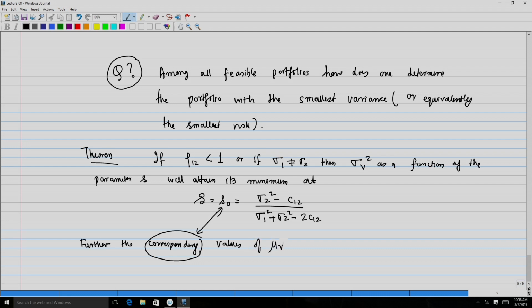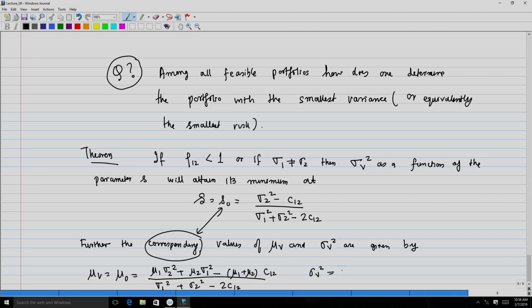So, the corresponding values of mu v and sigma v square are given by mu v, and we could call this particular mu v as mu naught, as mu 1 sigma 2 square plus mu 2 sigma 1 square minus mu 1 plus mu 2 C12 divided by sigma 1 square plus sigma 2 square minus twice C12, and likewise sigma v square is equal to sigma naught square is given by sigma 1 square sigma 2 square minus C12 divided by the same denominator sigma 1 square plus sigma 2 square minus twice C12.